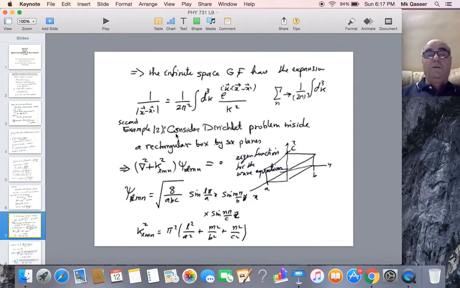Now let's consider a Dirichlet problem inside a rectangular box bounded by 6 planes given by A, B, and C. Then we have this equation.